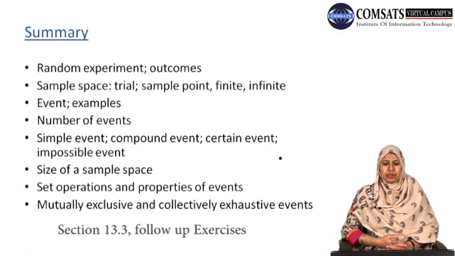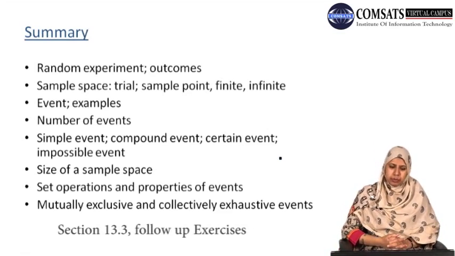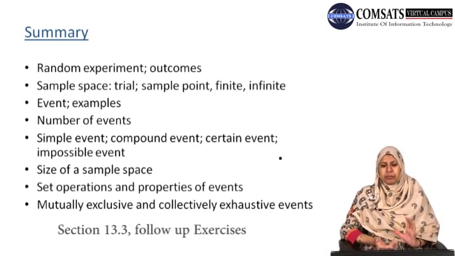We have studied the definition of random experiment and the possible outcomes, the definition of sample space, trial and the notations of sample point, the classification of sample space in terms of finite and infinite sample space. We have seen the notation of event and some examples related to it, and we have also seen how we can find the number of possible events from a given sample space.